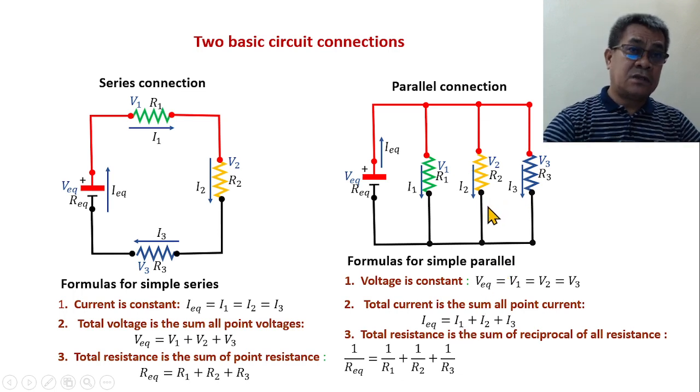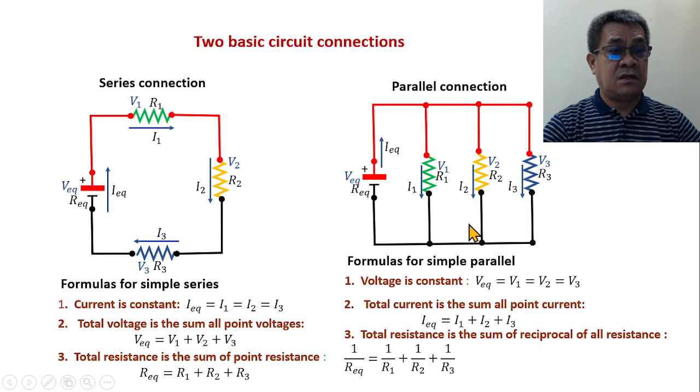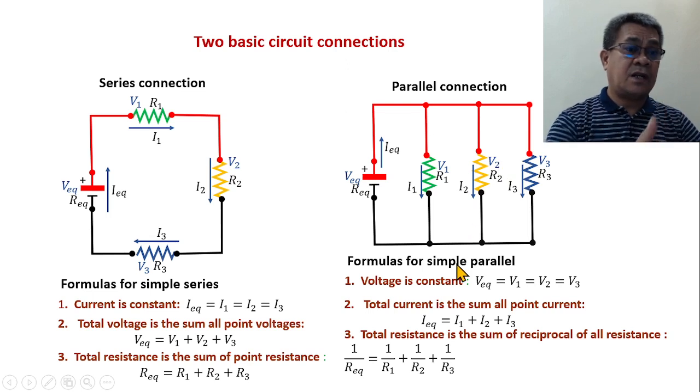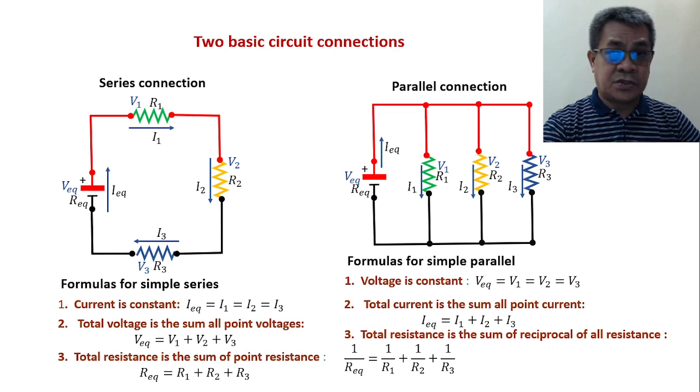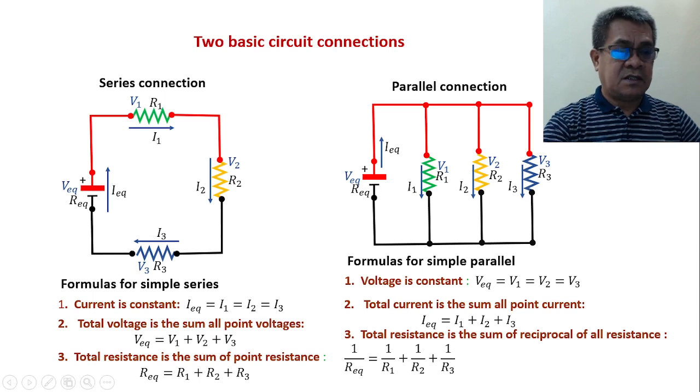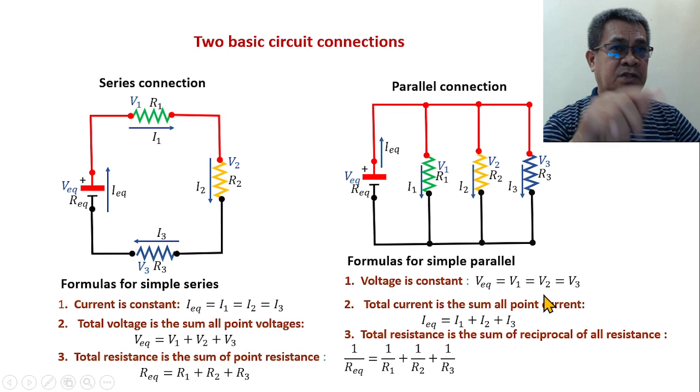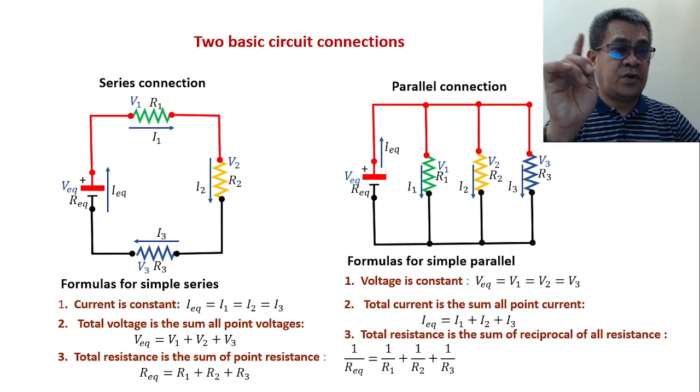In household connection, the connections are in parallel because the source voltage from our source of electricity is 220 volts, and we always use the 220 volts. So therefore, the connection should be in parallel because we must get the 220 volts from the source always.